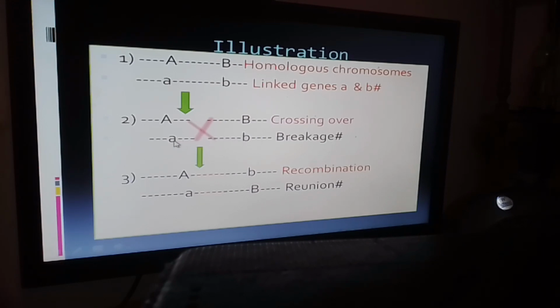Similarly, the point of breakage with small a will be joining with the point of breakage with capital B. Here you see this mark that indicates the breakage, and then the breakage points will be joining the opposite point of the homologous pair.